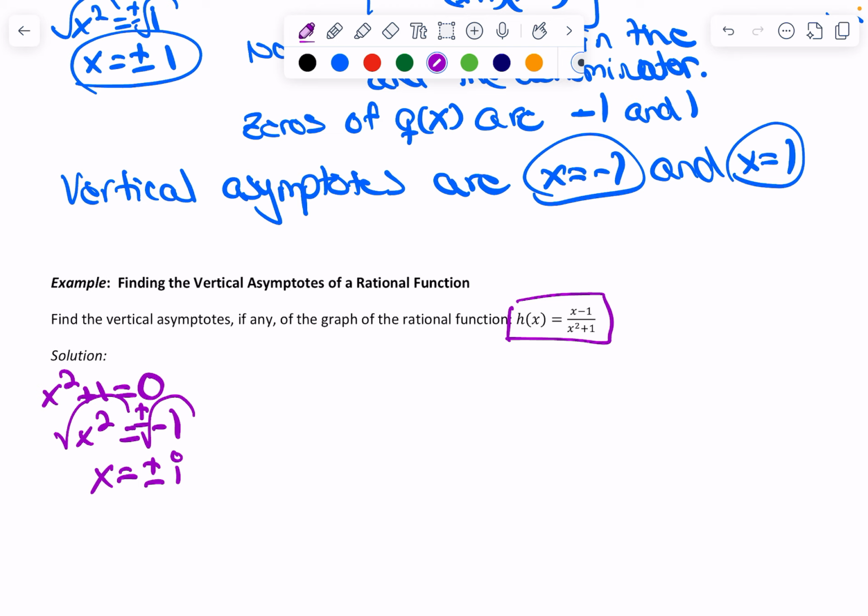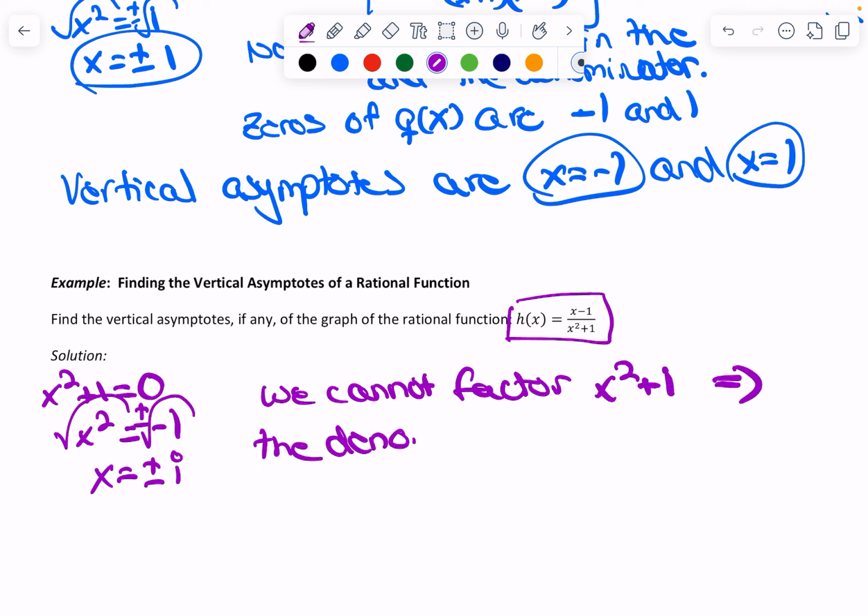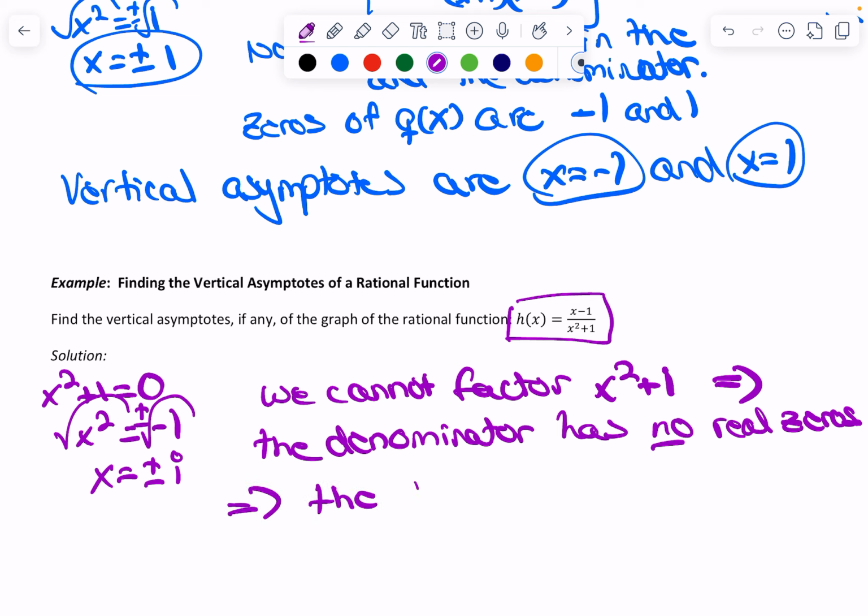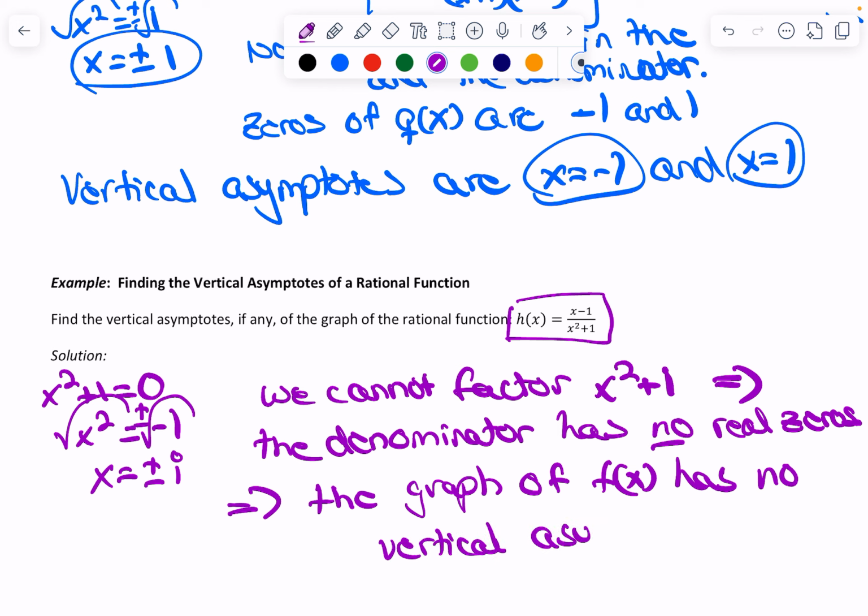So this means we cannot factor x squared plus 1, so the denominator has no real zeros. And that means the graph of h of x has no vertical asymptotes.